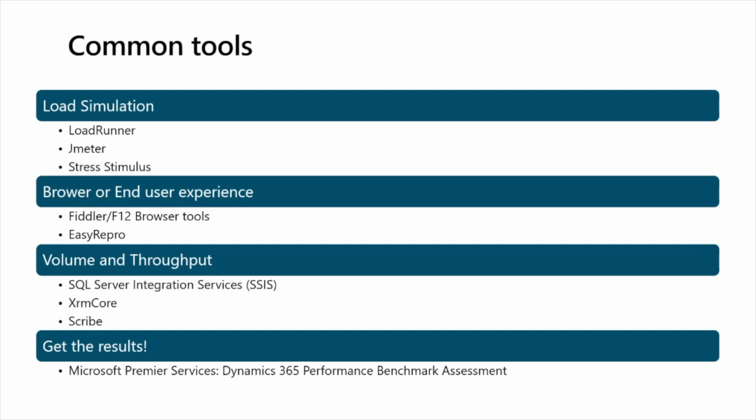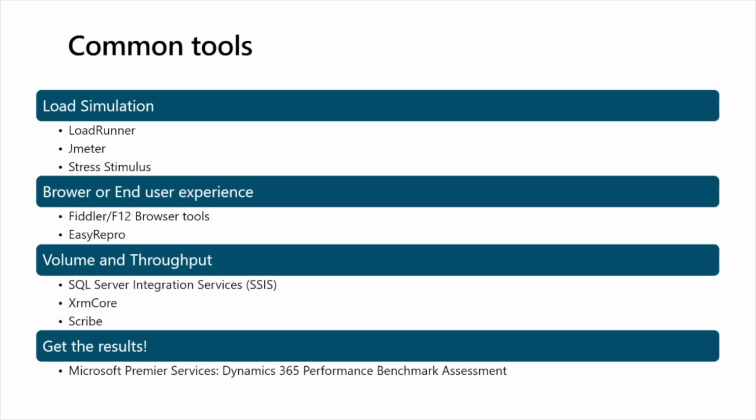Fiddler and F12 dev tools are used to inspect traffic and diagnose browser performance. EasyRepro is a Selenium-based tool used for automated testing, unit testing, and capturing end-user experience metrics.